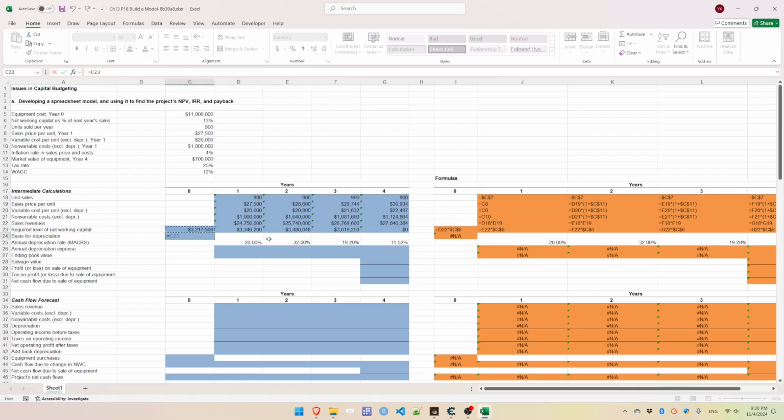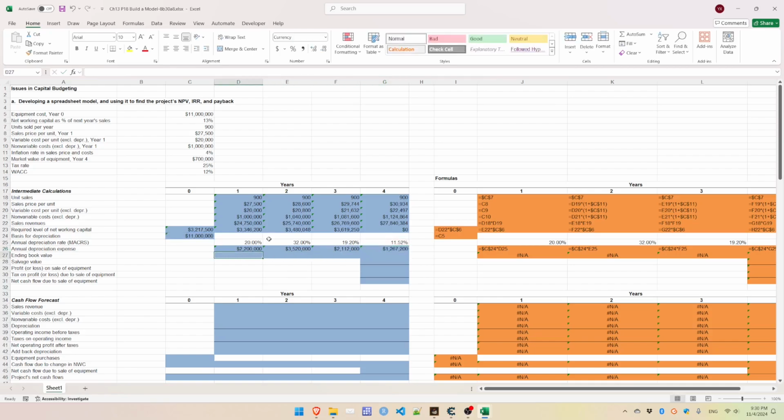And then we have a base for depreciation, which is the $11 million. And then the depreciation is going to be depending on the base multiplied with the 20%. I copy and paste. I have all the depreciation numbers, always the rate multiplied with the base.